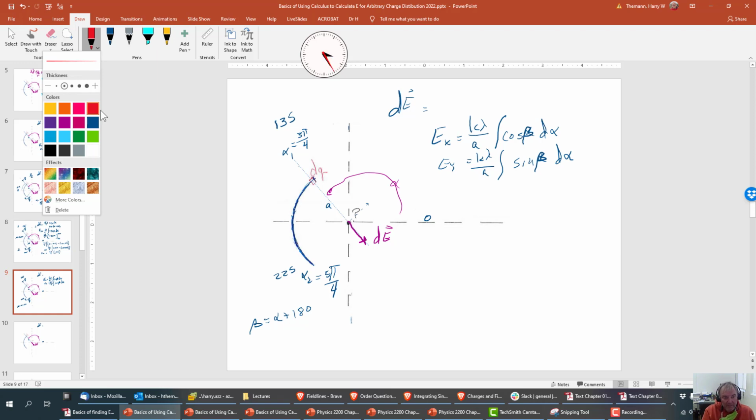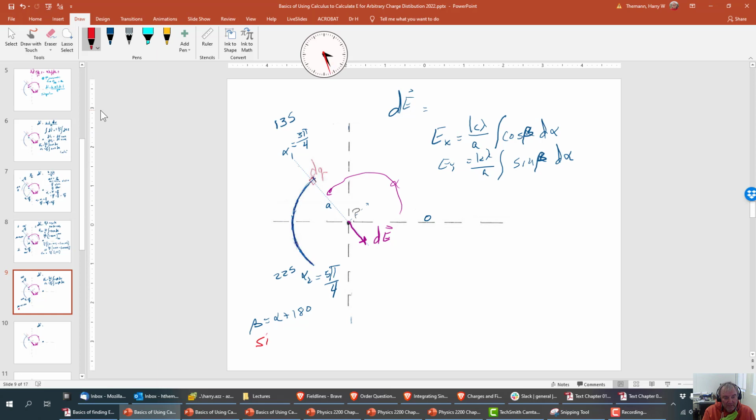So sine of alpha plus 180 equals negative sine of alpha, just like before with cosine.